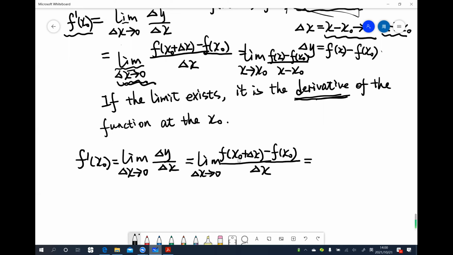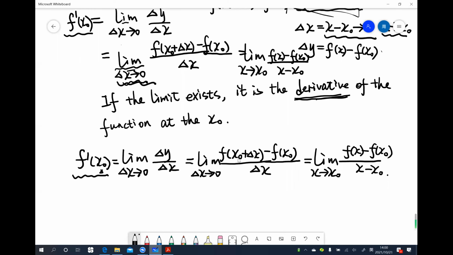And the third: as x approaches x0, f of x minus f of x0 over x minus x0. These three expressions are equivalent. They all stand for f prime x0, the derivative of the function f at the point x0. That is the definition of derivative.